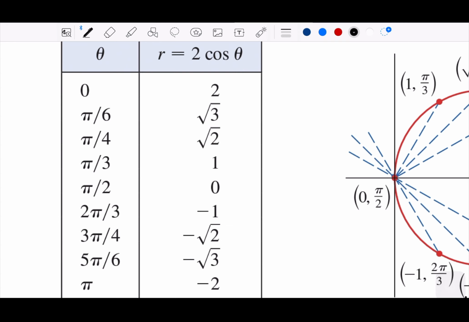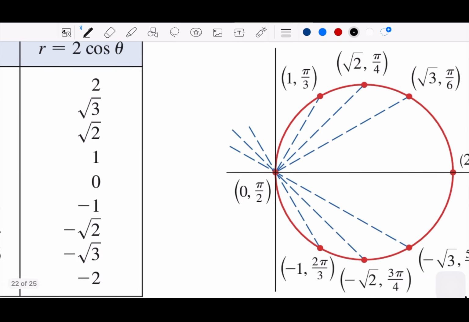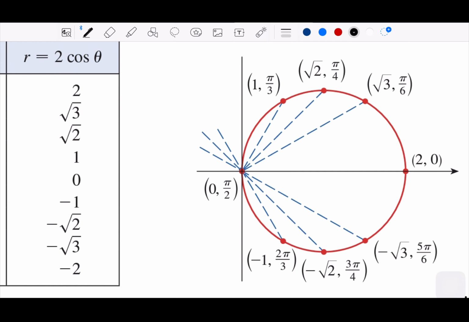And as you mentioned, this part is positive and this will be negative, which means when you put it into a picture, this will be on the opposite side. Okay? So this is how it looks.